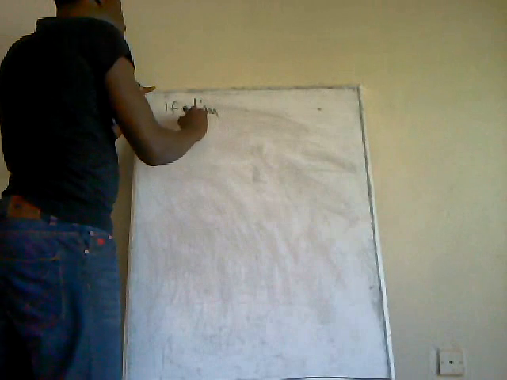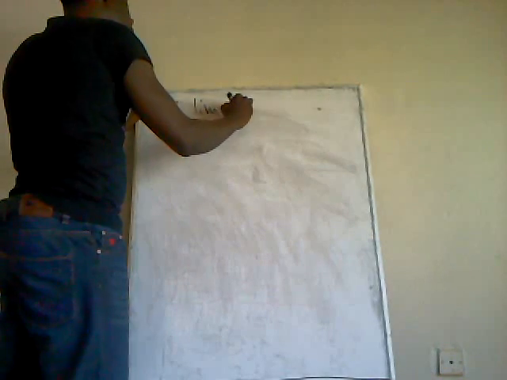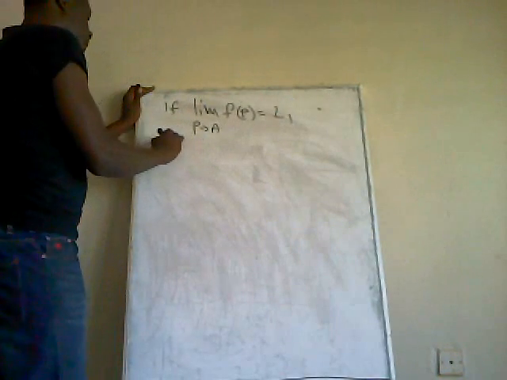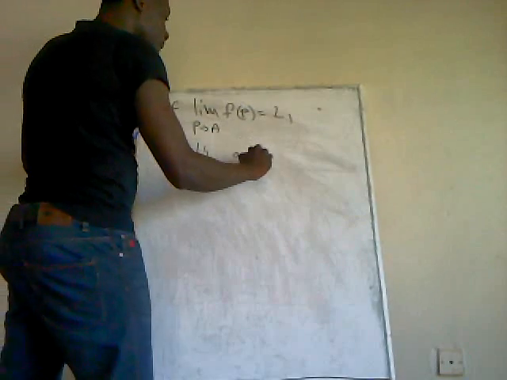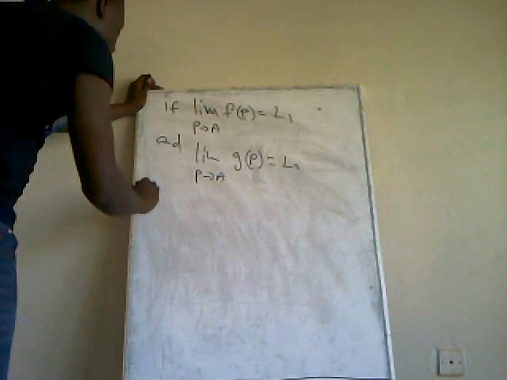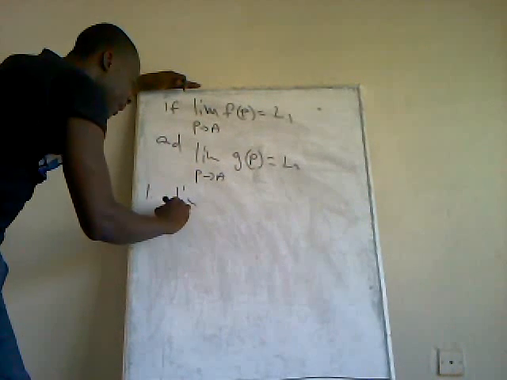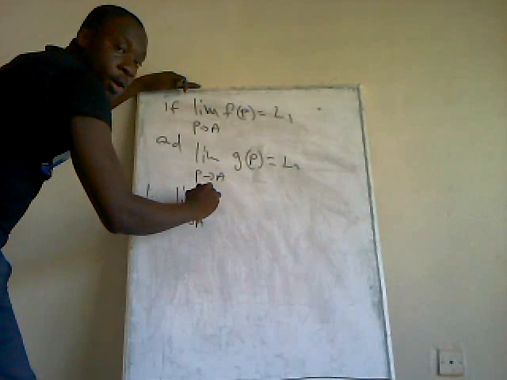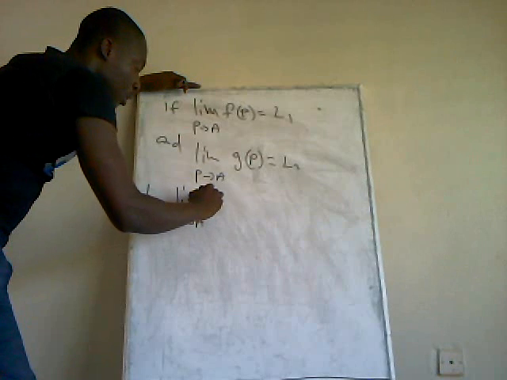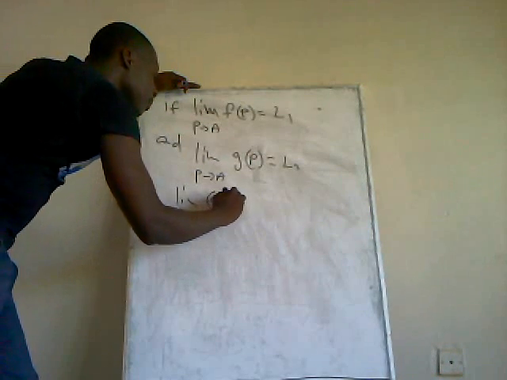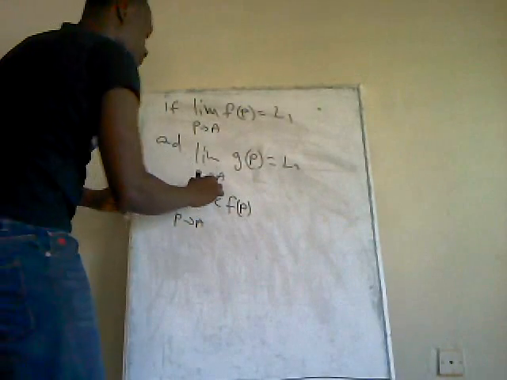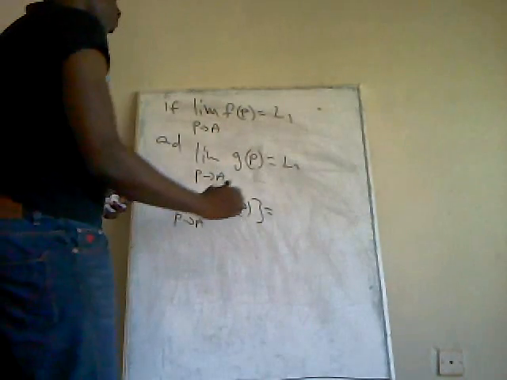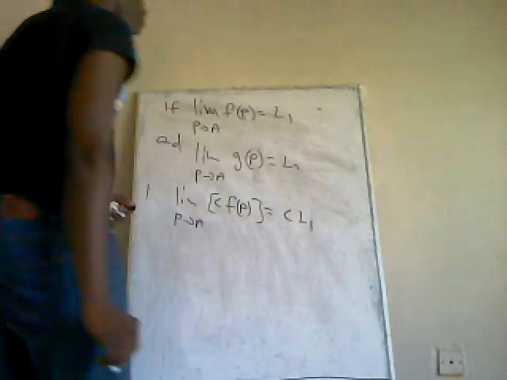If the limit as P approaches A of f of P is equal to L1 and the limit as P approaches A of g of P is equal to L2, then number 1, the limit as P approaches A of c times f of P is equal to c times L1.